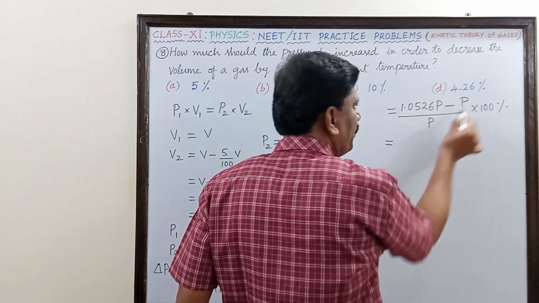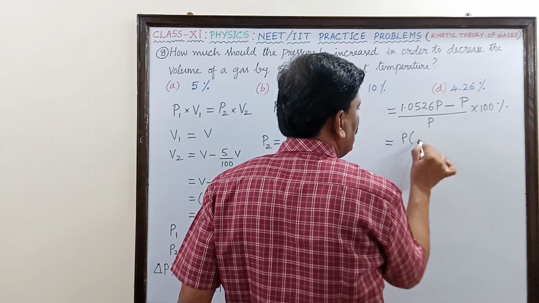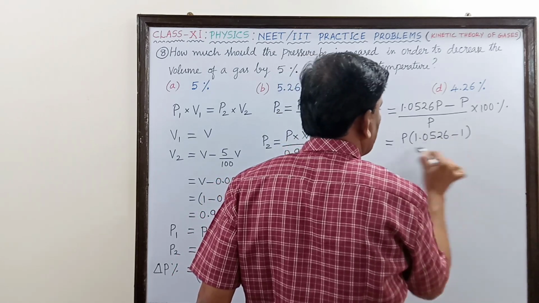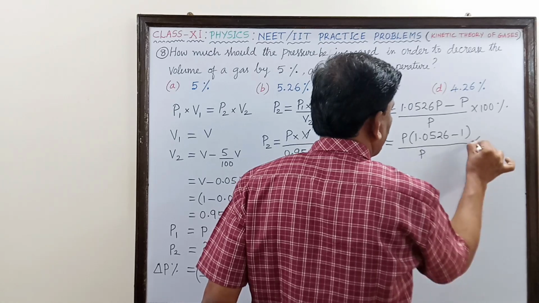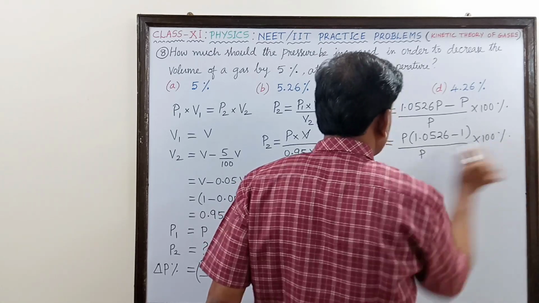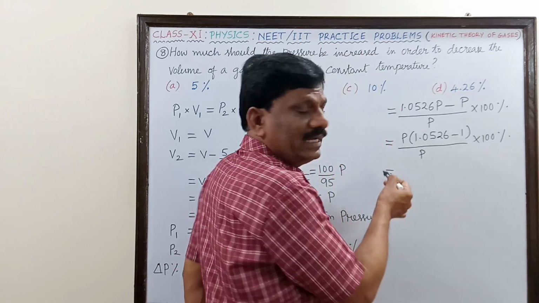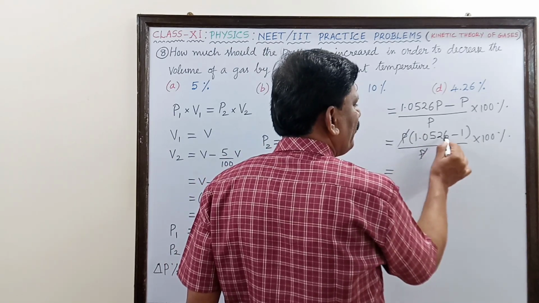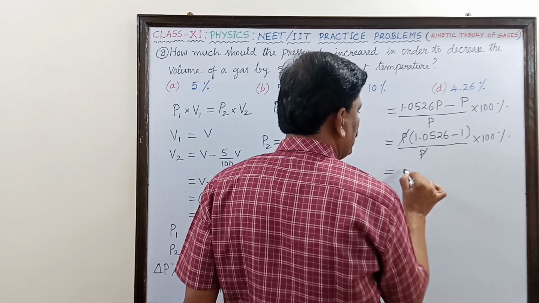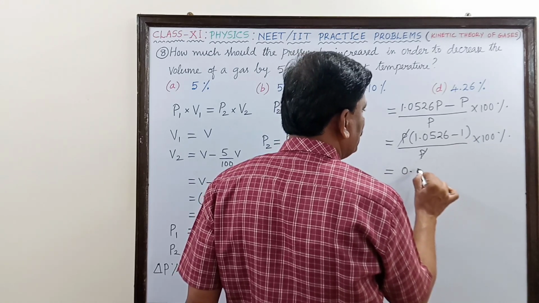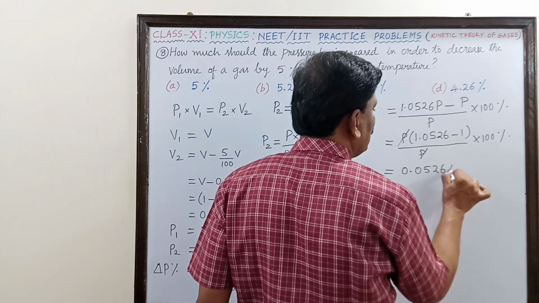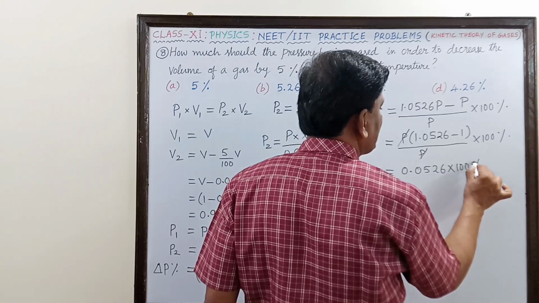So P can be taken as a common factor: 1.0526 minus 1 divided by P into 100%. So this P gets cancelled, pressure gets cancelled. 1.0526 minus 1 is 0.0526 into 100 in percent.